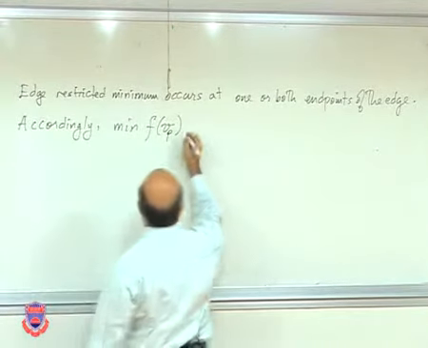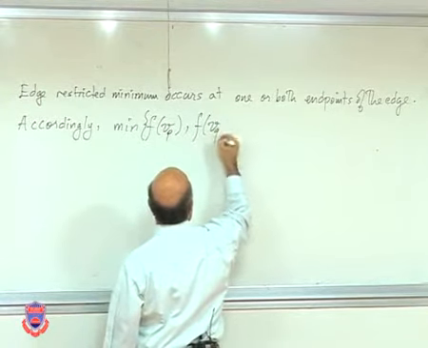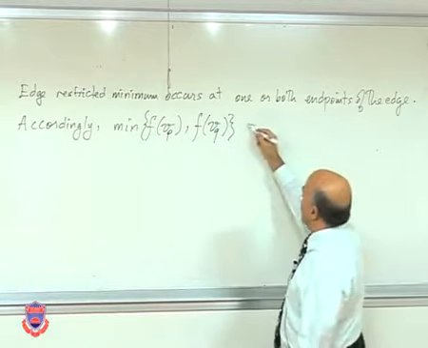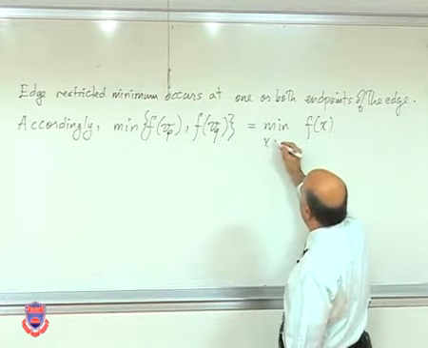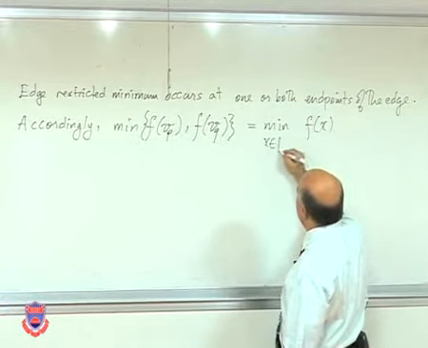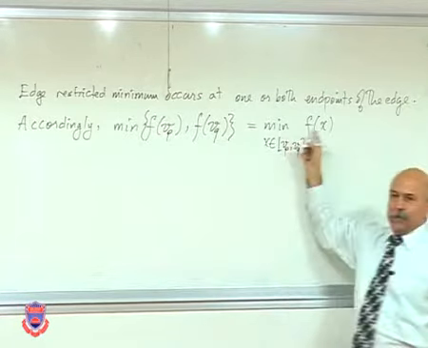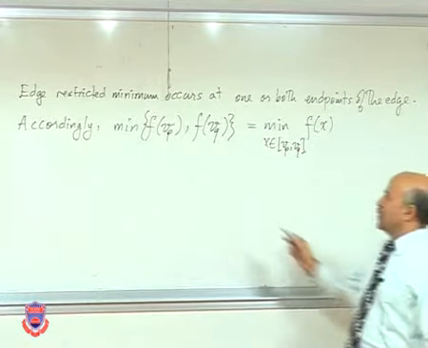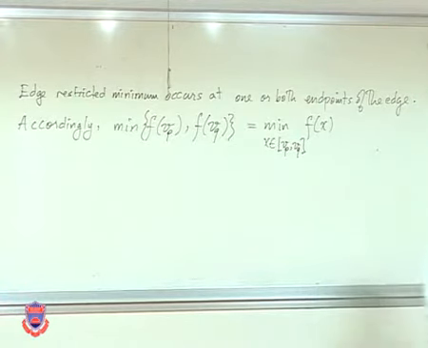The minimum of F evaluated at VP or at VQ, this is the minimum of two numbers. That's as good as the minimum of F when X is restricted to the edge VP, VQ. So the optimization problem involving the entire edge is solved by evaluating the F function at either endpoint and picking the minimum of them. Okay?